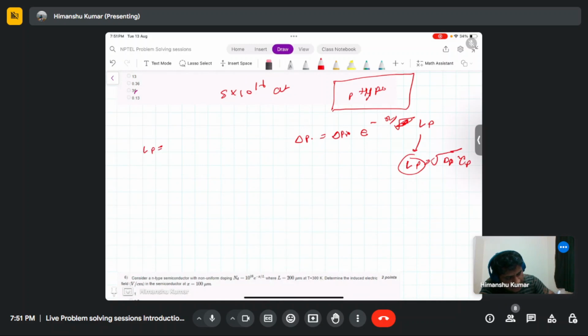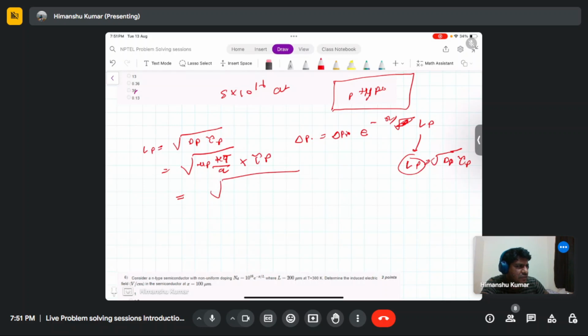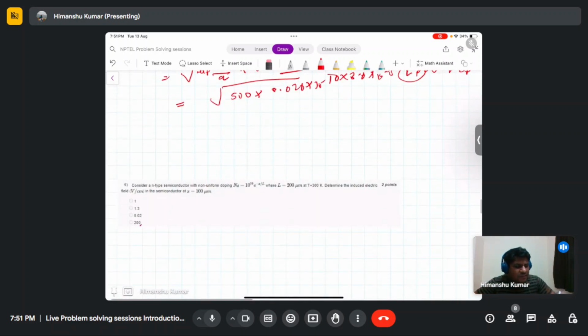So Lp is the square root of Dp times tau p, and Dp from Einstein's relation you can write as mu p kT by q times tau p. If you put in the numbers, this is 500 times 0.026 into 10 power minus 10 times 3.6 into 10 power minus 5, and if you calculate the diffusion length in micron with this number, you will get around 0.36 micron.